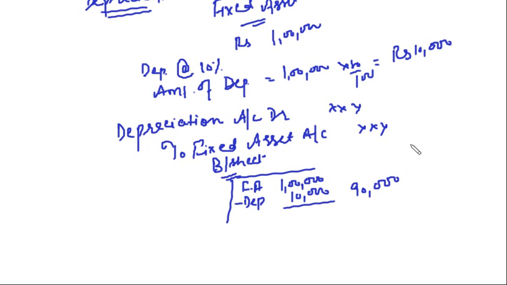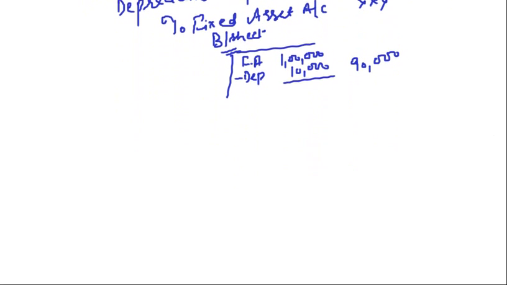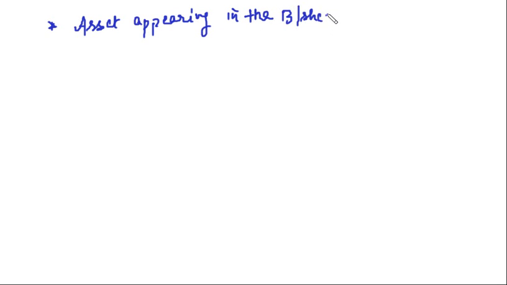Now, one important thing to see here is, sometimes people decide to show the asset at its cost. Asset appearing in the balance sheet at cost.